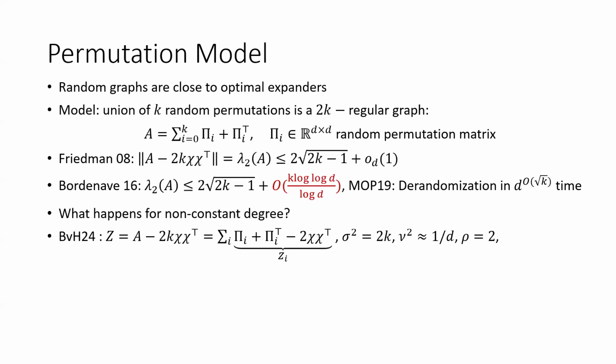And one of the results of these free concentration inequalities is that these things can be de-randomized essentially for free by directly plugging in their bounds whenever the degree is at least polylogarithmic in the size of the graph. So this covers the complementary regime of Friedman's result, which only works when the degree is constant.